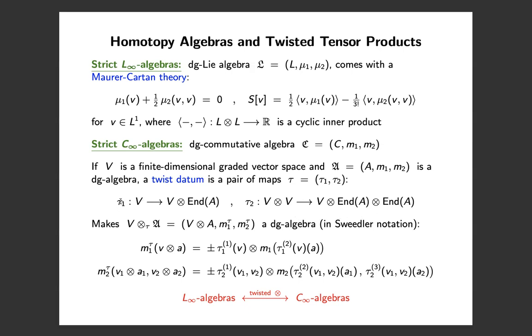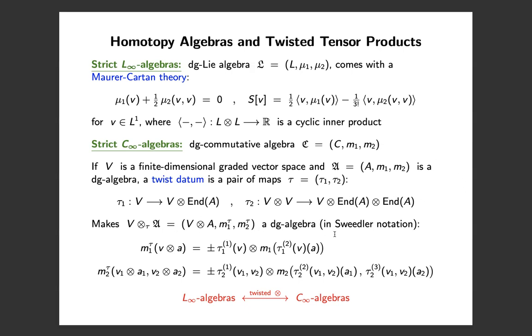You take this vector space V into the tensor product with the linear endomorphisms of the algebra A, and tau 2 takes the tensor product of V with itself to this tensor product here.